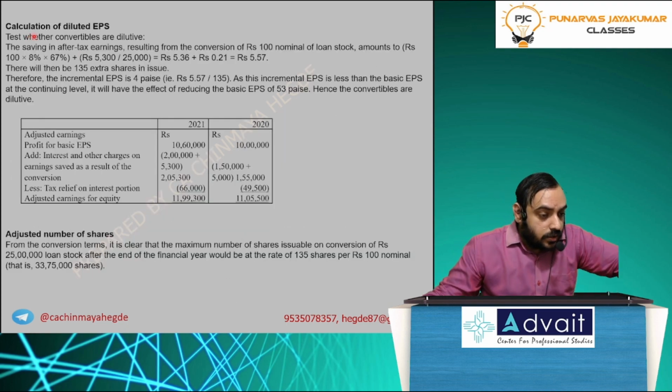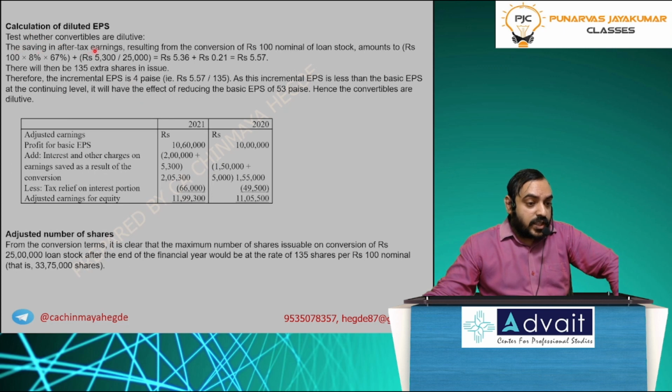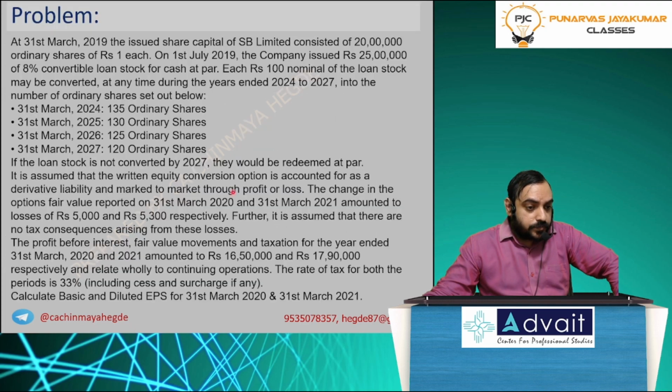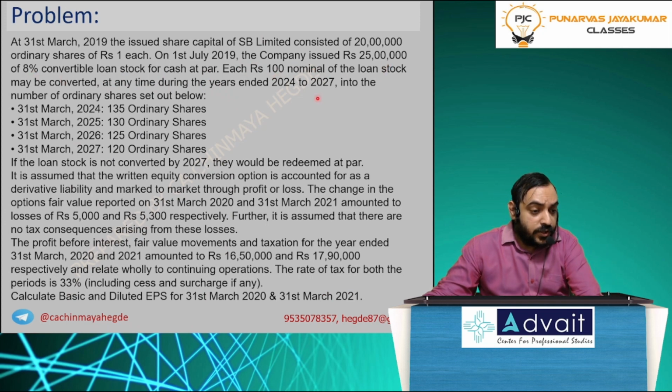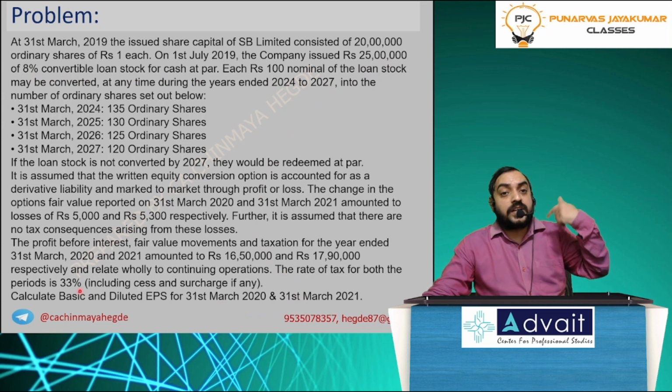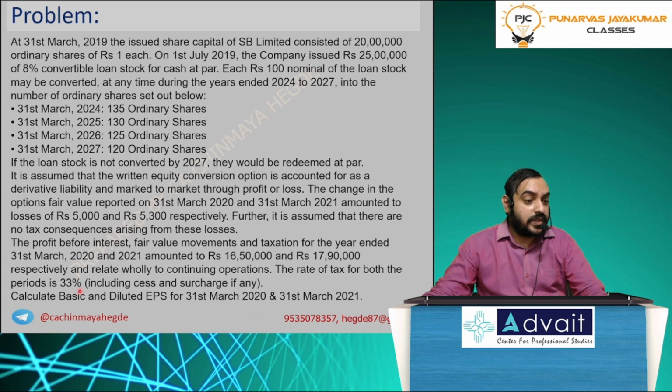So to test whether the convertible is dilutive, the saving after tax resulting from the conversion amounts to 100 into 8% into after tax. 33% tax means after tax, 1 minus t will become 67%.